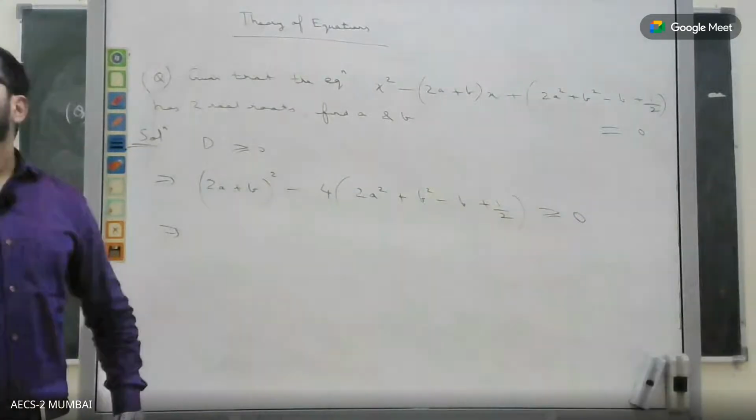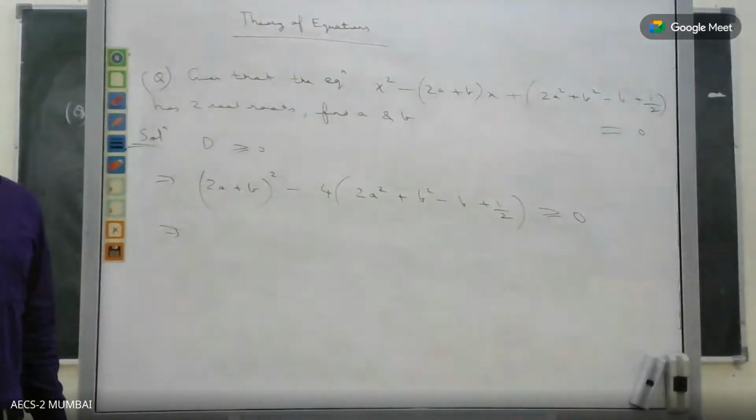B square minus 4AC greater than or equal to 0 होगा, correct?